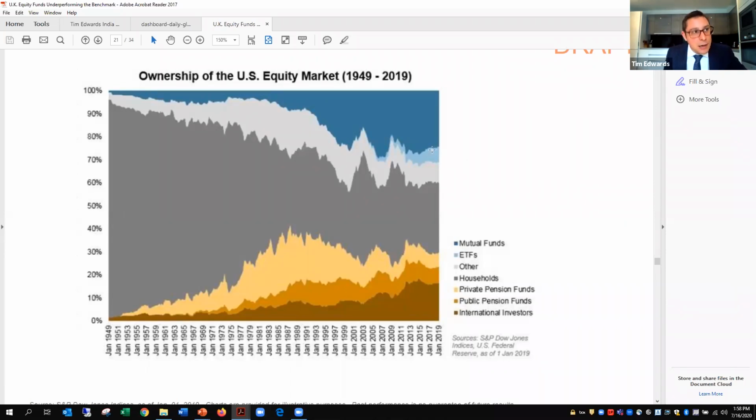And this little light blue bit, second from the top, is 6% of the total market as of the end of last year. It is not and cannot blow up the market. It's a very, very small proportion.